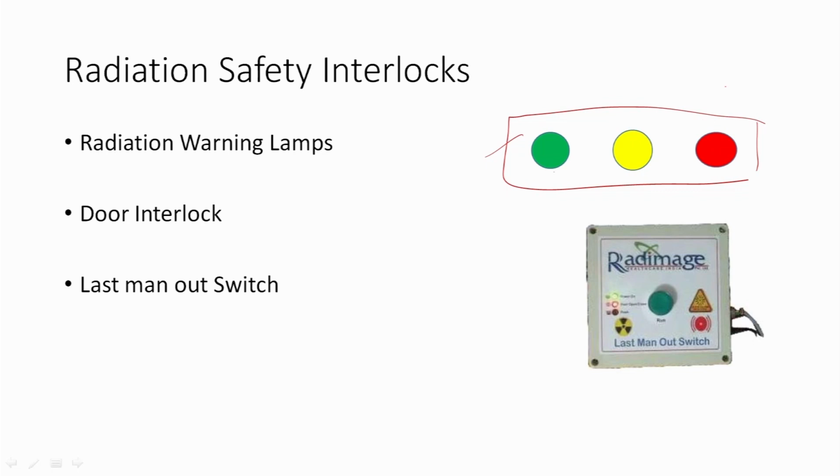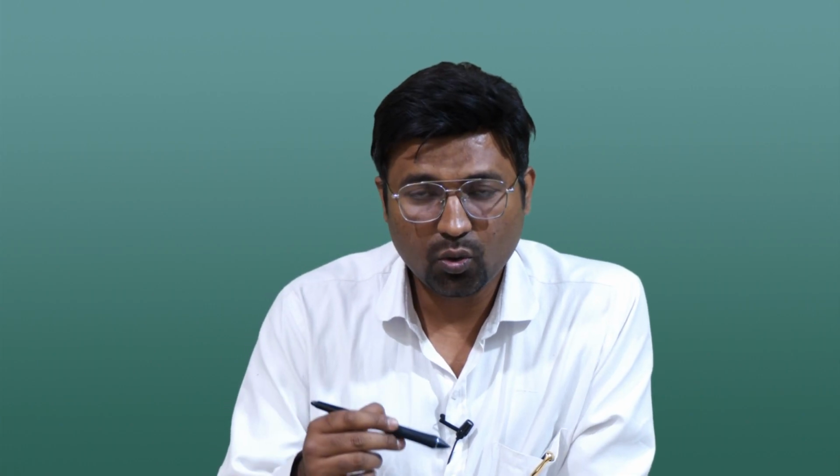And there are three colors. The red color indicates that the beam is on or radiation is on, or the radioactive source is out of the safe. Then yellow indicates that the radiation is in a preparatory mode. In case of telecobalt, the source is ready to come out of the shielding to the active position of exposure.